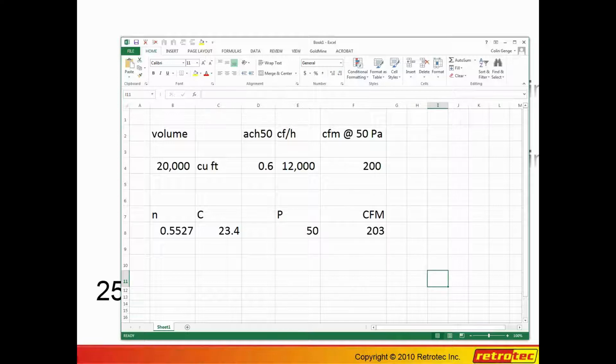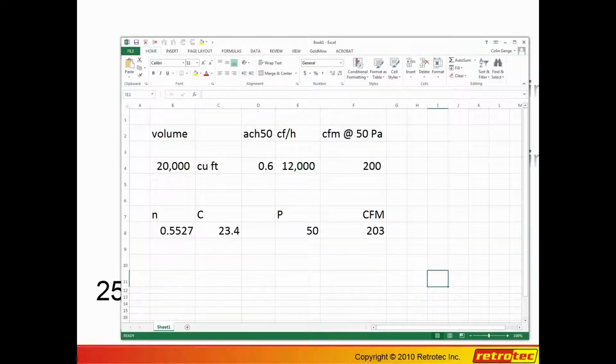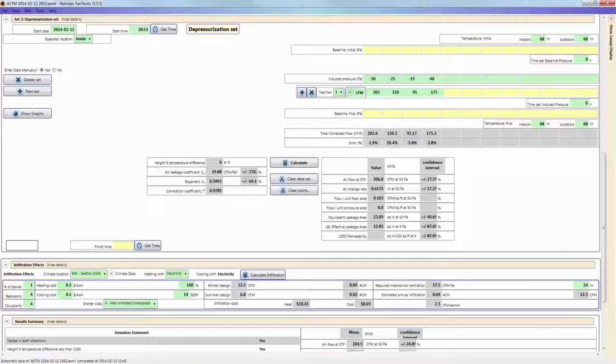Let's just drag our test back and take a look. Oh, where'd it go? Come on. Clicked on the wrong thing. Here we go. So at 50 pascals, what we did is we just entered CFM in here directly, just as if we read it off the gauge. So we kept it simple.